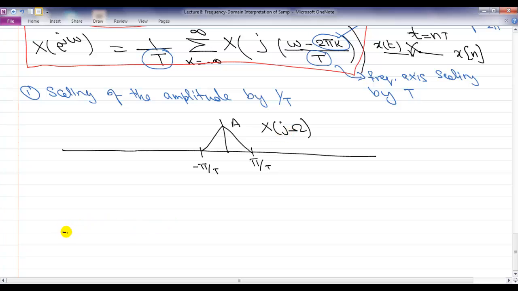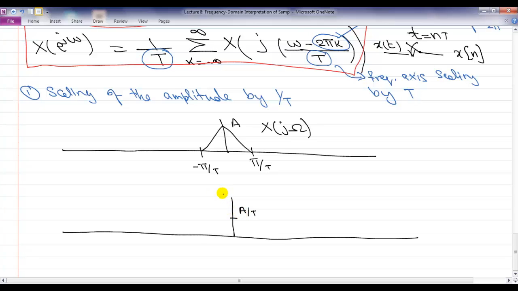Well, according to this formula, what we get is, first of all, the height gets scaled by a factor of 1 over T, so all the spectrum will have a height of A over T.